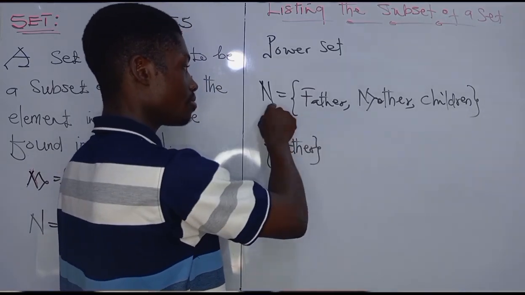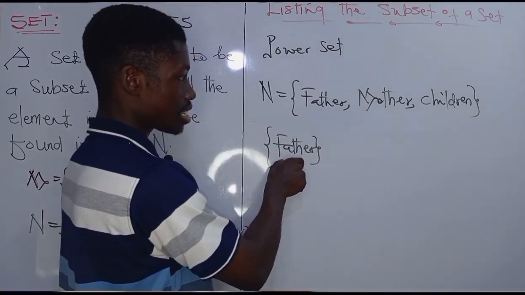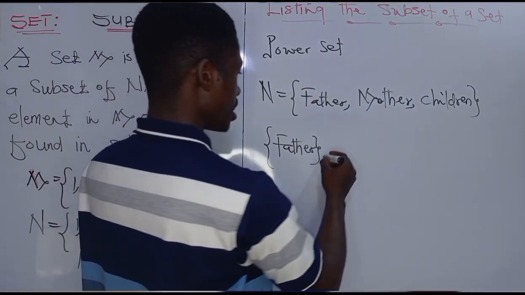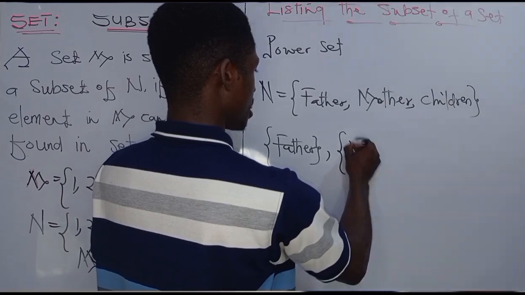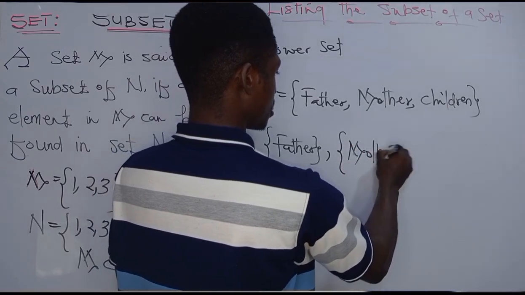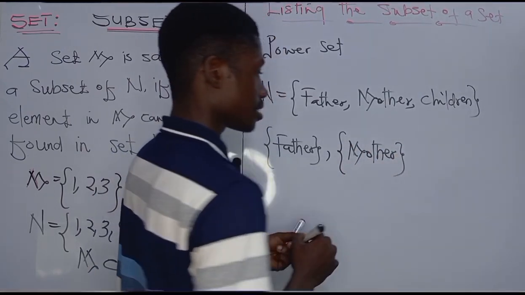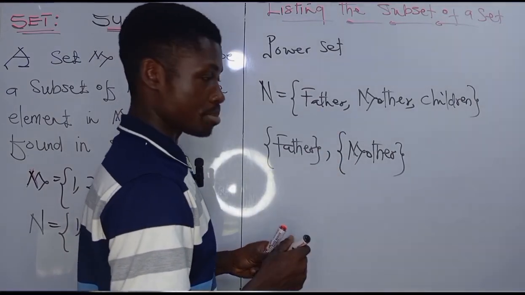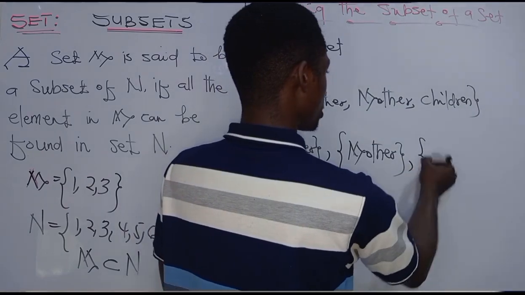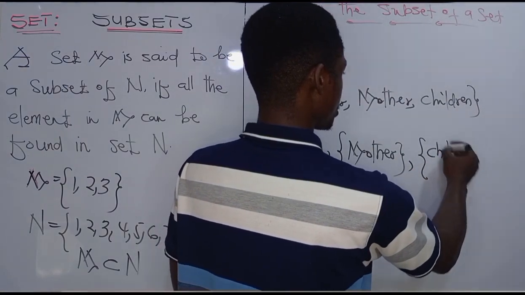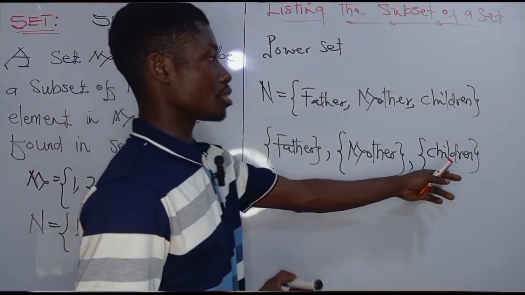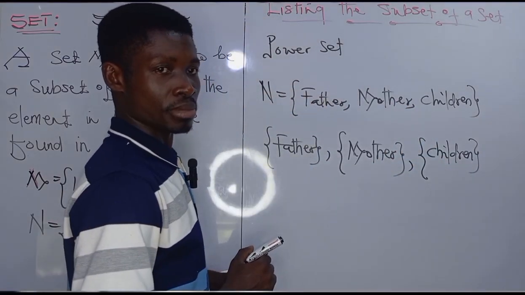A subset of the nuclear family, because the father can be found in the nuclear family. Similarly, if I pick the mother as a set, the mother becomes what? A subset of the nuclear family. Also, if I pick the children, children also becomes what? A subset of the nuclear family.